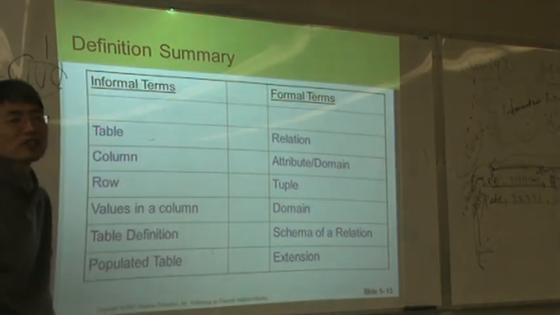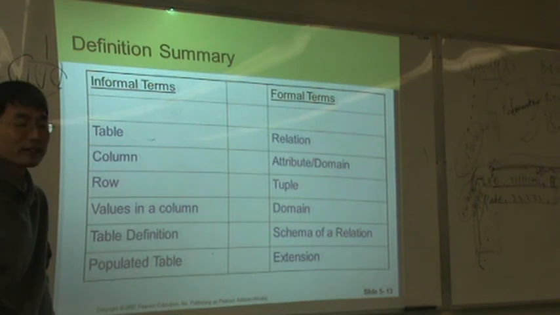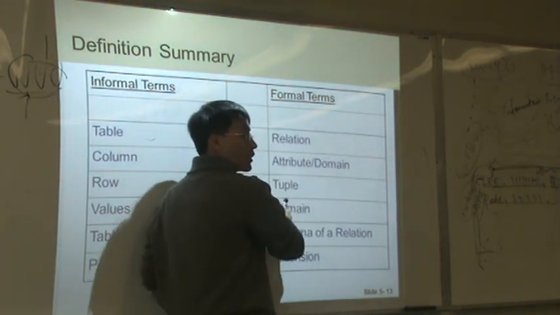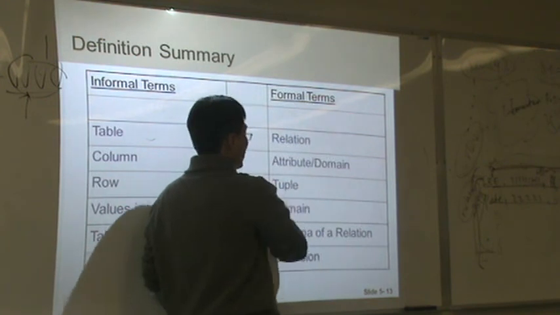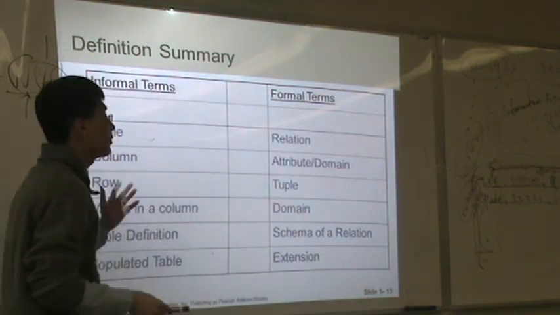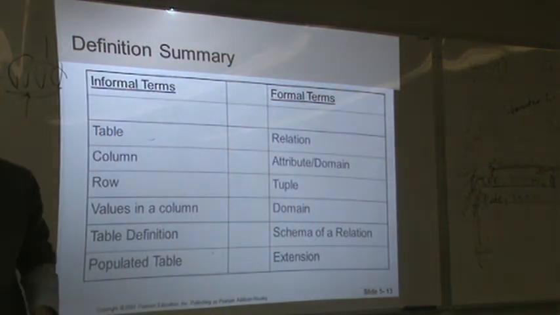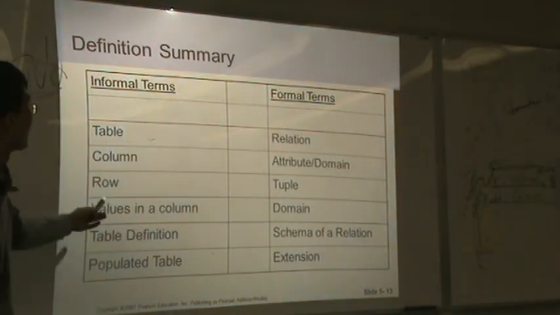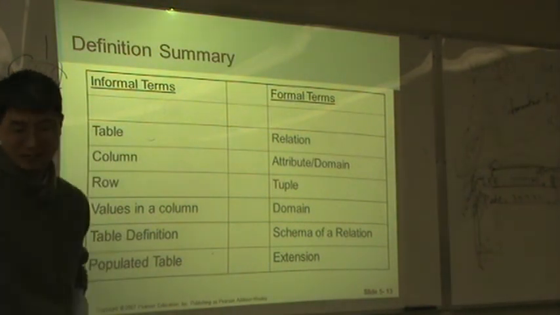I couldn't understand at that time. But that's true. If you read a technical paper published in a conference or journal, they use tuple instead of row. Okay? Also, it doesn't look professional if you use informal terminology.